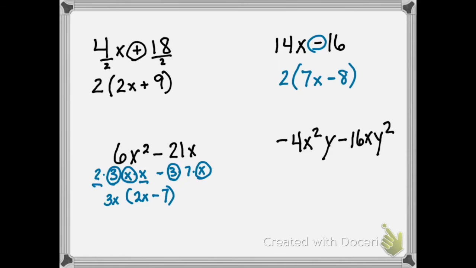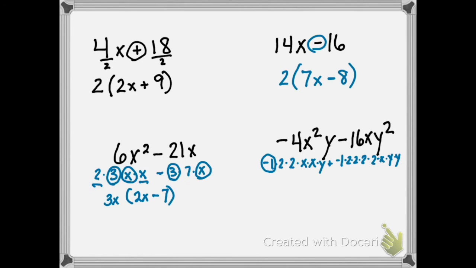Over here, what do we have? We have negative 1 times 2 times 2 times x times y plus negative 1 times 2 times 2 times 2 times 2 times x times y. So what do we have in common?